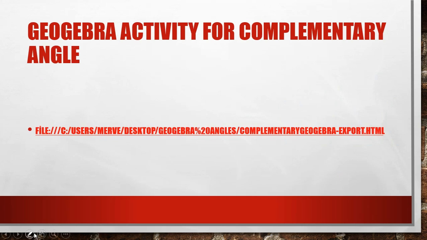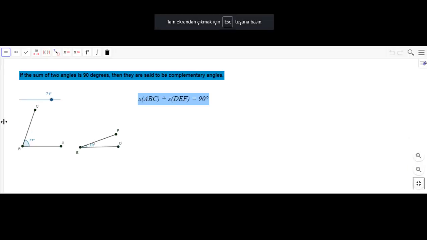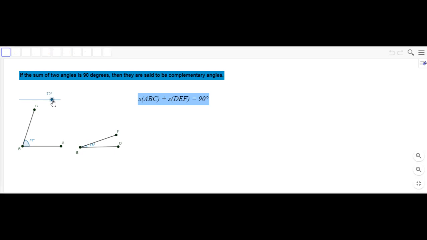Let's look at the activity. Here we have two angles and their sum equals 90 degrees. So they are complementary angles. Let's see it. For example, if I change the measure of the angle ABC to 40 degrees.